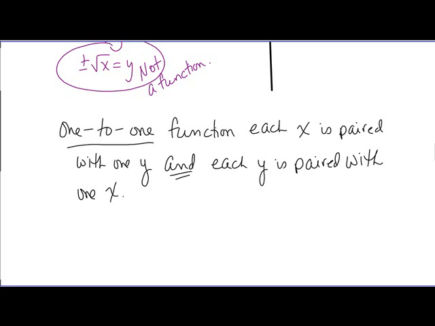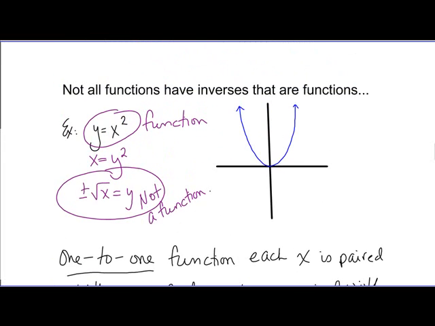And if we're looking at a graph, we can use something called the horizontal line test to determine if we have a one-to-one function. It's a lot like the vertical line test, except that you're going to be looking at a horizontal line.